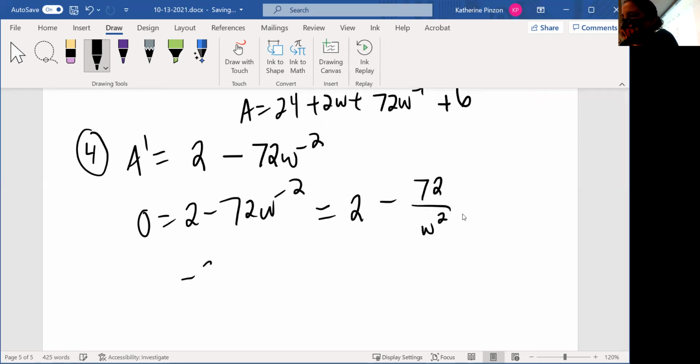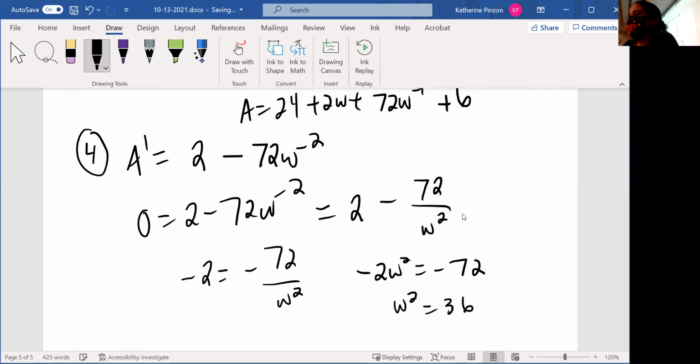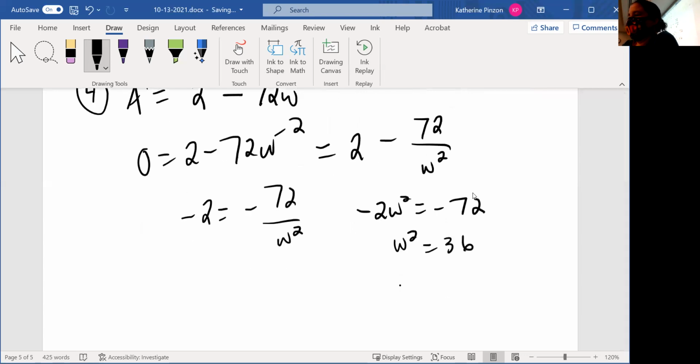So I have negative 2 is negative 72 over W squared. Multiply by W squared. Negative 2W squared is negative 72. Divide by negative 2. And W is square root of 36, or 6 inches.